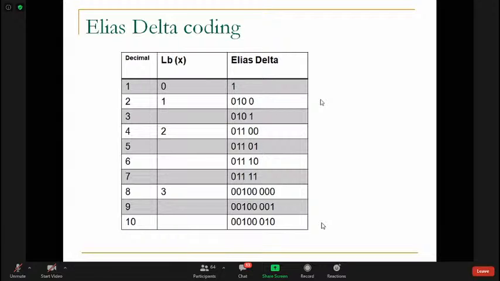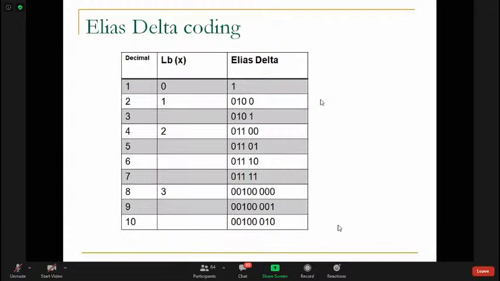Now I want to give you the delta codes. So in delta code, what you should do? The last 8 bits, what you have now, will be the same. The first bits will change. So the first bits, like we have taken the unary representation of 9.